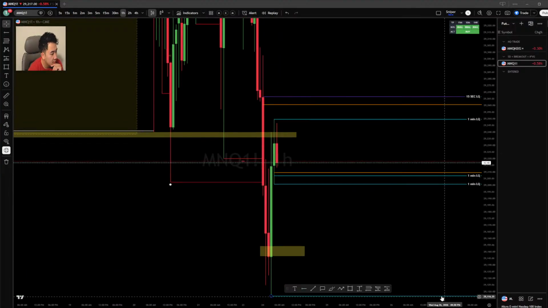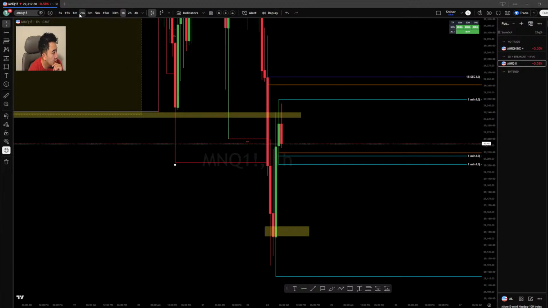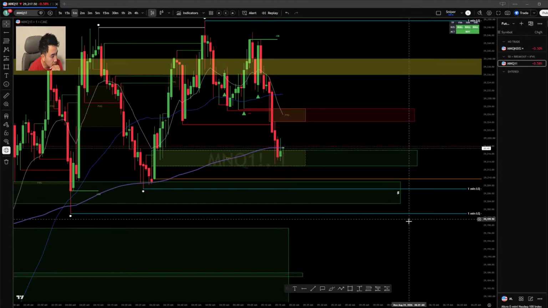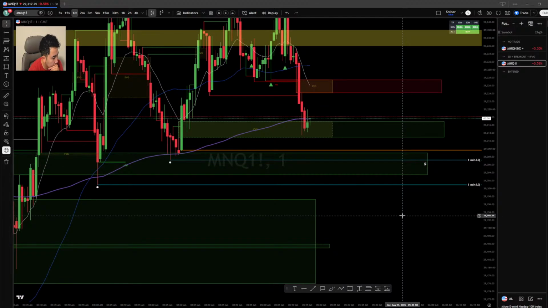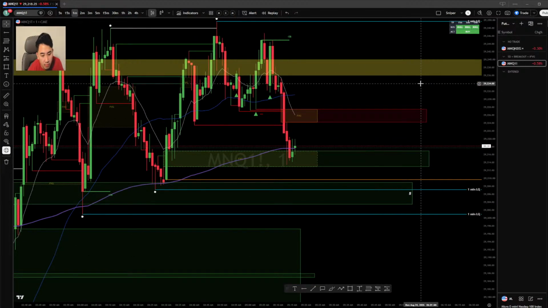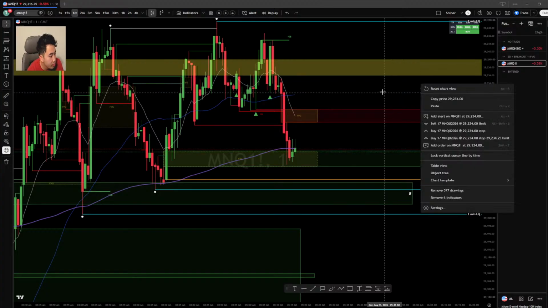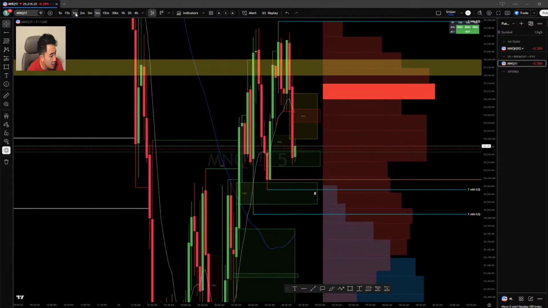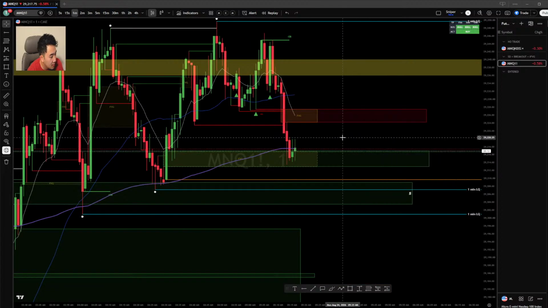So on our time frame, yeah, still bearish. On the 5-minute, there's a 5-minute gap forming here.